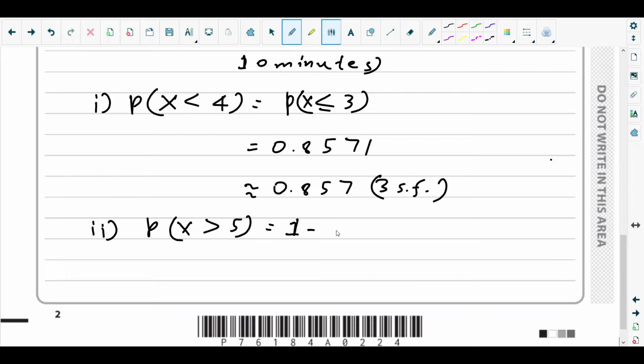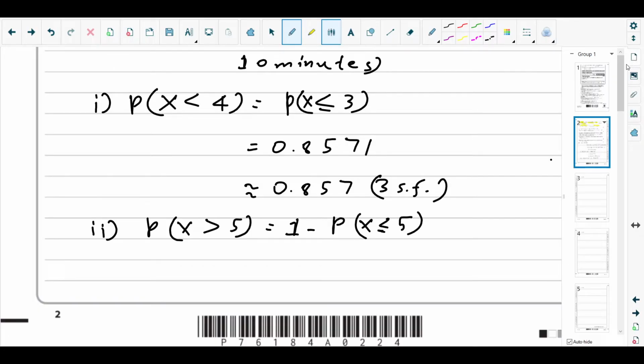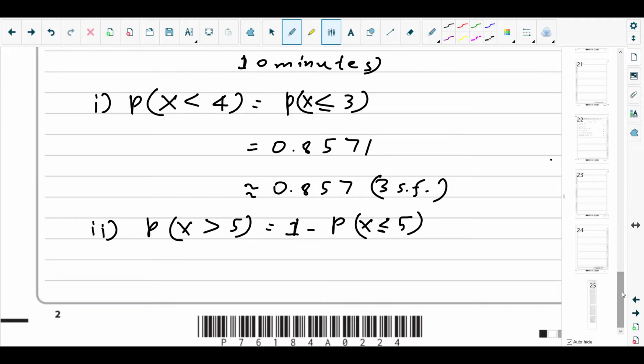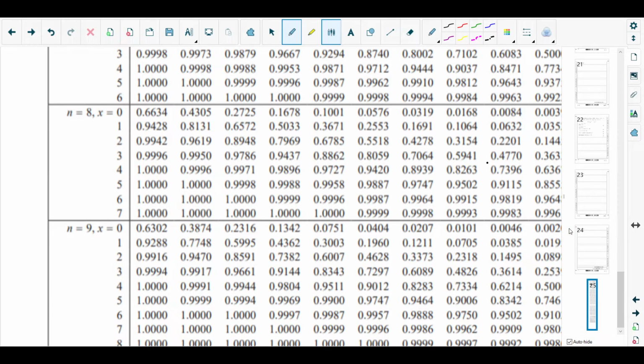Because the table that we have is given in less than or equal form, so we need to represent it as the probability of X less than or equal to 5. If you subtract the probability of X less than or equal to 5 from 1, you will get the probability of X greater than 5.